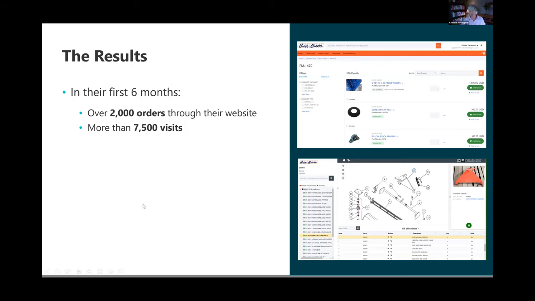But 7,500 visits that hopefully reduce their call volume, their email volume, everything by 7,500 in that time frame. They had over 1.5 million of revenue online, and 40% of their orders were made online just in the first 6 months.